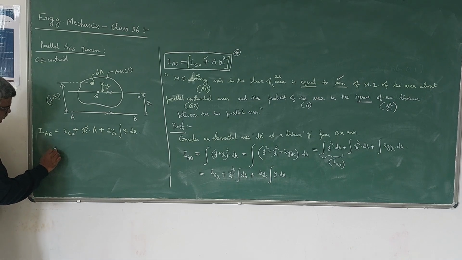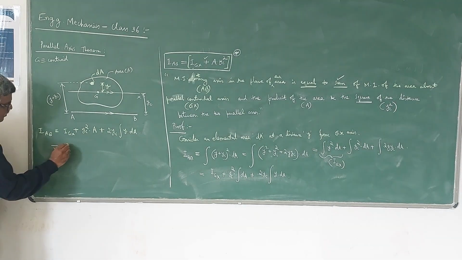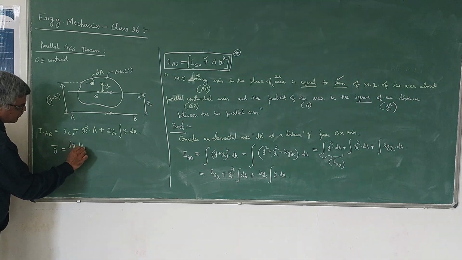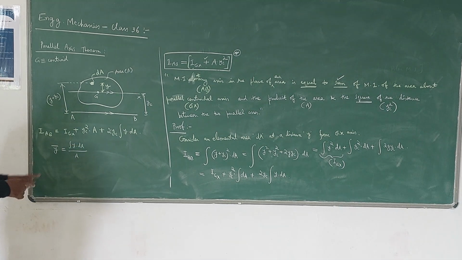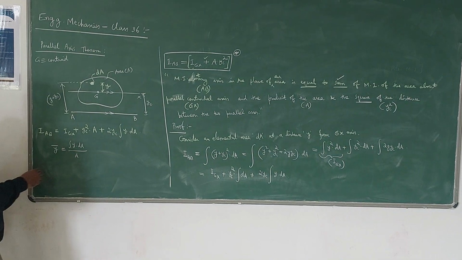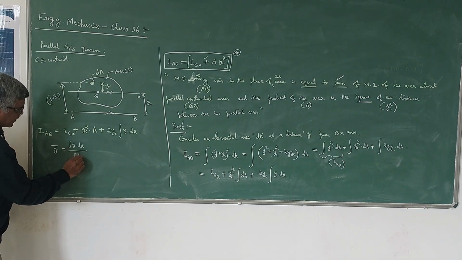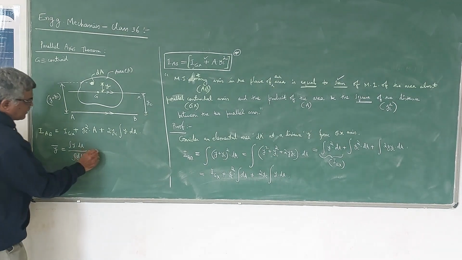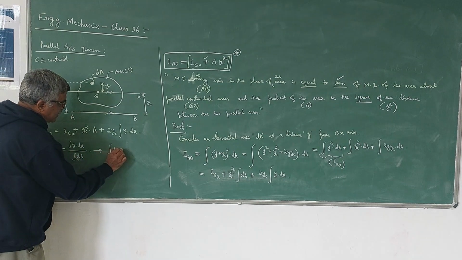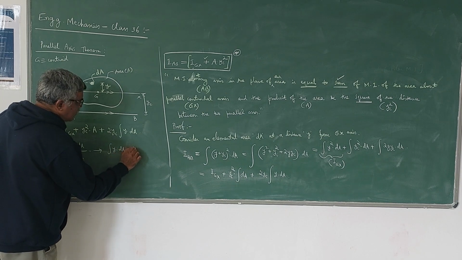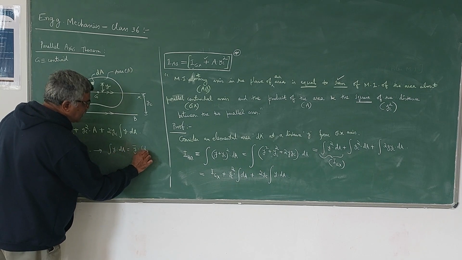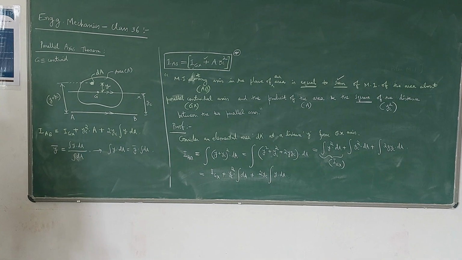According to the definition of centroid, y bar is integral y dA divided by A. In other words, integral y dA is equal to y bar into A. So I can write like this.